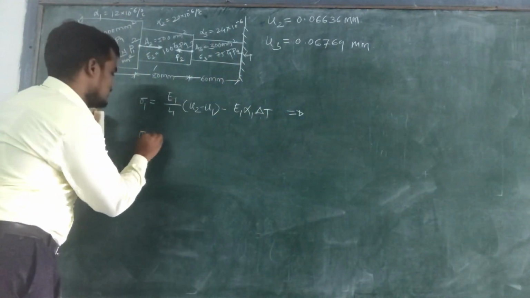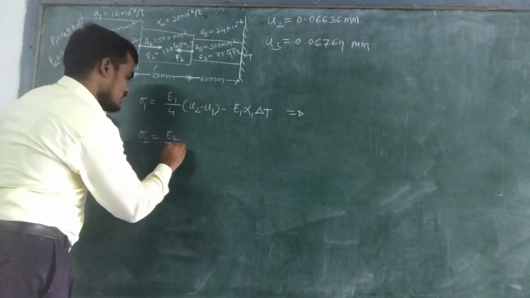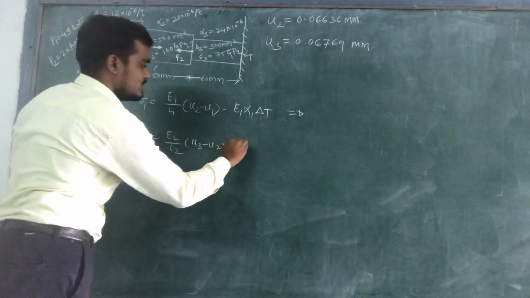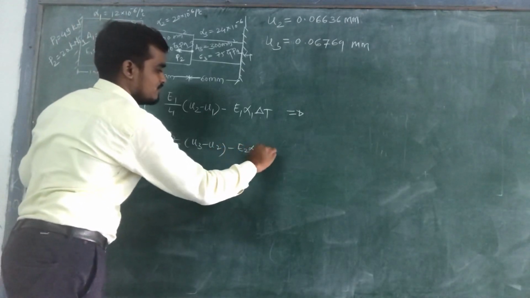Similarly, sigma 2 is E2 by L2 in bracket U3 minus U2, minus E2 alpha 2 delta T.